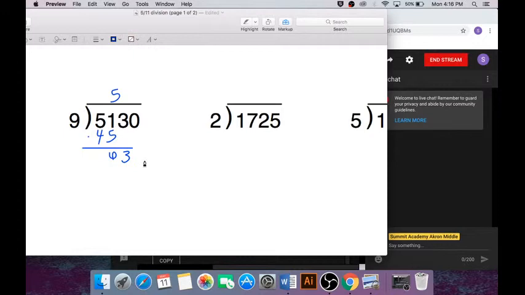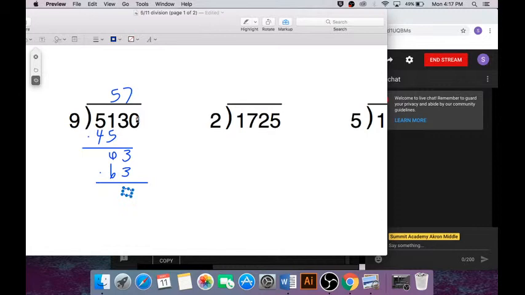Now we're left with 63 divided by 9. So we have to figure out how many 9 times what gets us as close to 63 without going over. That's going to be 7. 7 times 9 is 63. So we're going to subtract, and that leaves us with 0.